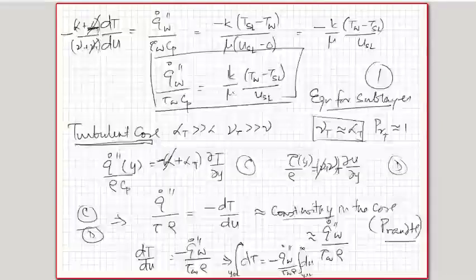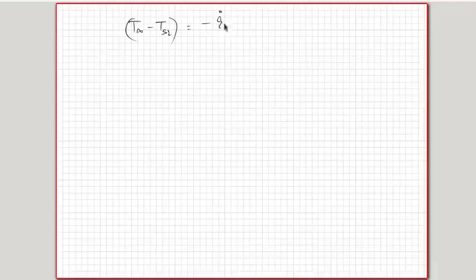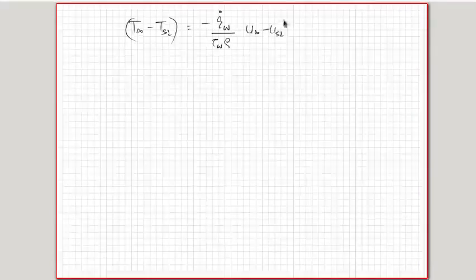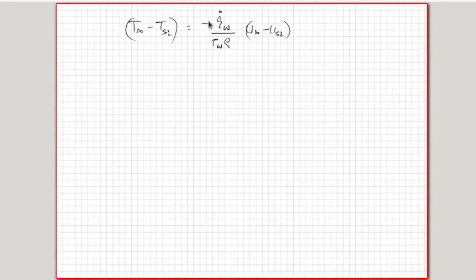So let me write it on the next slide. T infinity minus T SL is equal to minus q dot wall divided by tau wall rho multiplied by U infinity minus U SL. Now I'll take this negative sign to this side and write T SL minus T infinity.